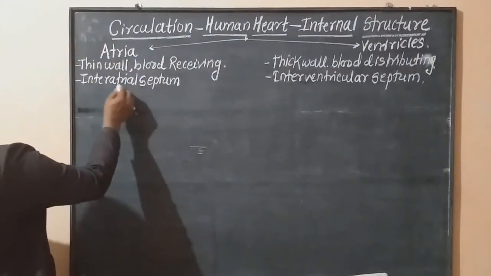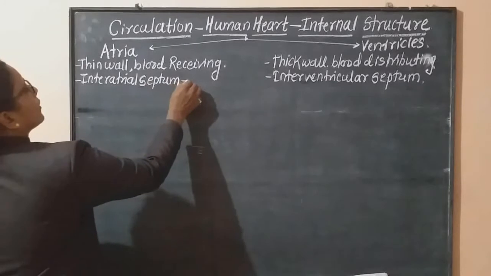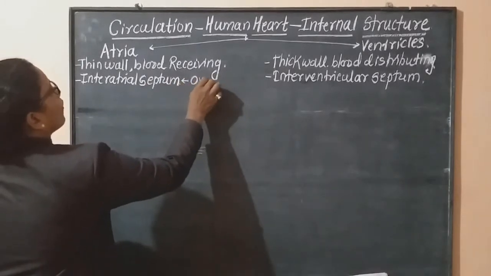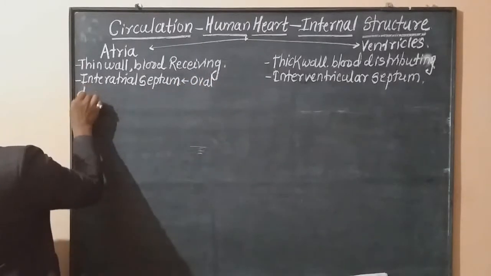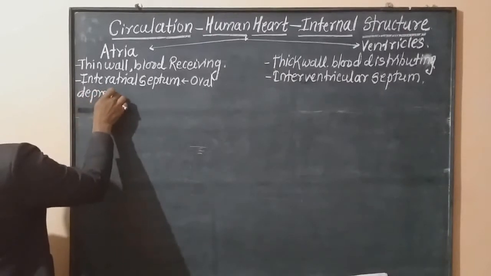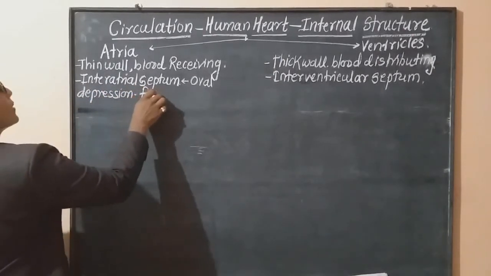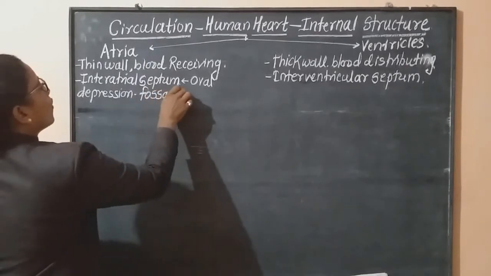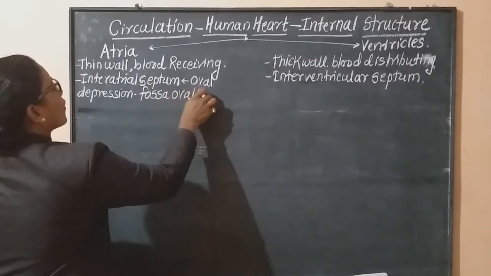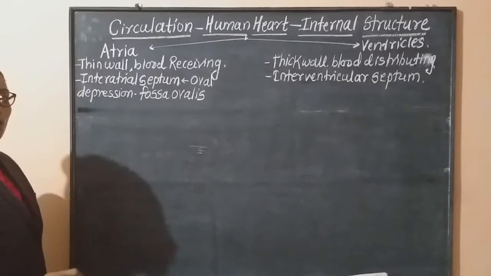The interatrial septum has an oval depression, called the fossa ovalis.